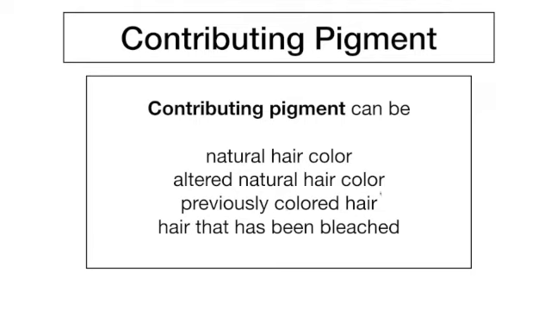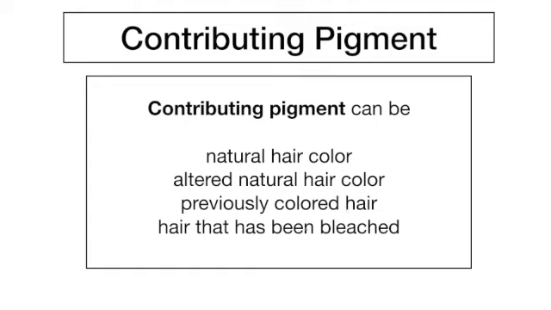If I'm working on previously colored hair, let's say the hair is orange looking, and I want to neutralize the orange, then I put either a blue violet or a green color on the hair, and I neutralize it. However, if I'm using a permanent color, it doesn't lighten the color that's in the hair, but it will attack the natural melanin that's left in the hair.